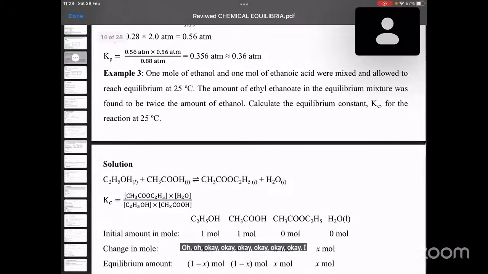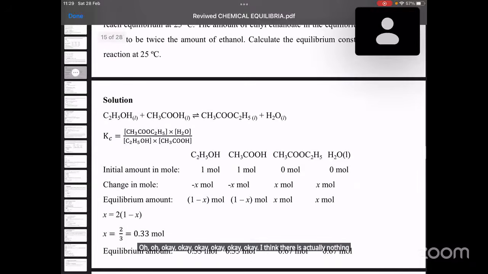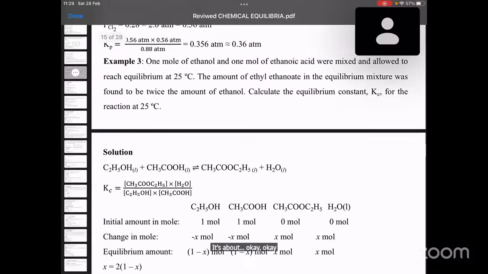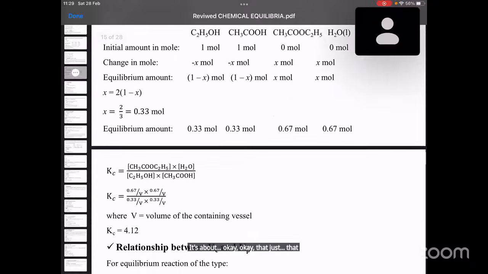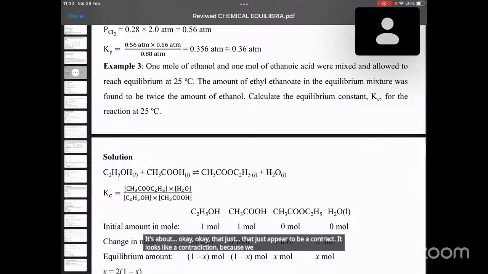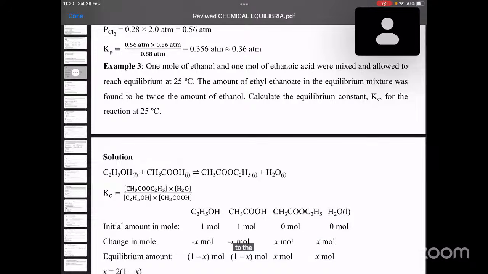I think there is actually nothing wrong. It just appears to be a contradiction, because we're giving effect to the amount of ethyl ethanol in the equilibrium mixture, which was found to be twice the amount of ethanol.